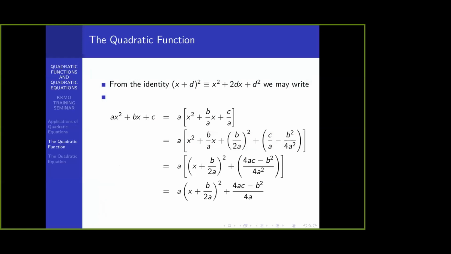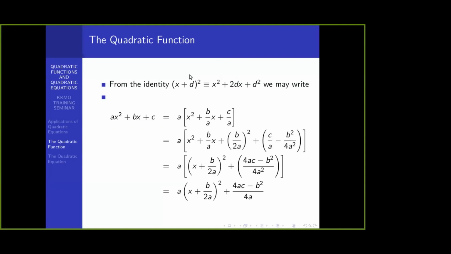Now, based on this identity here, x plus d squared is identical to x squared plus 2dx plus d squared, we can apply that as follows. We have this quadratic function, ax squared plus bx plus c. So we pull out a and put everything else in brackets, so that now in brackets we will have x squared plus b over a x plus c over a.